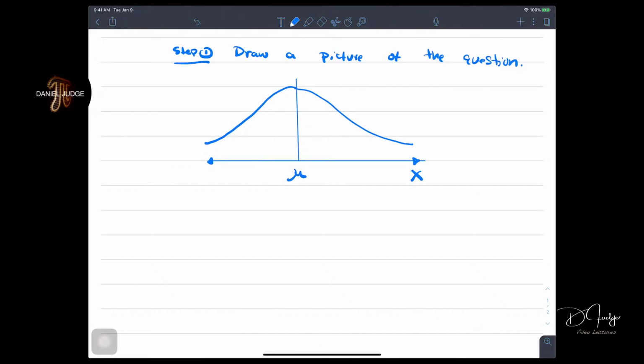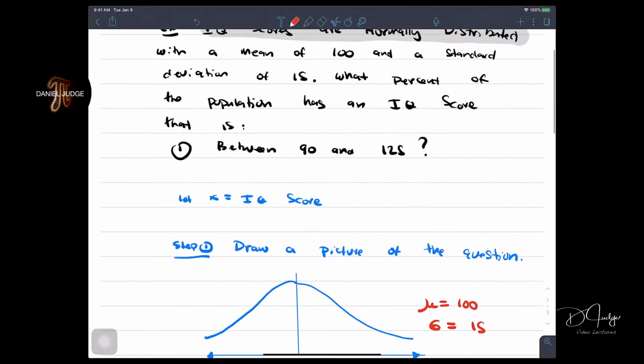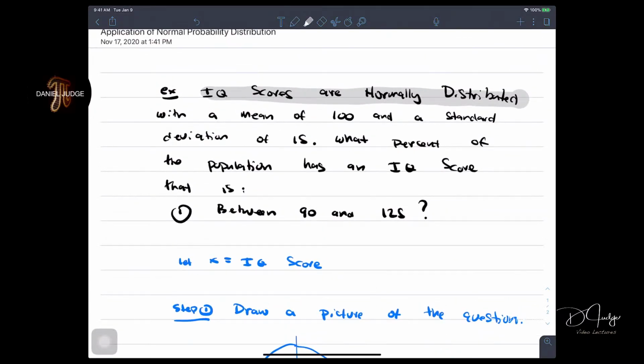In this case, they said the mean is 100 and the standard deviation is 15. So they gave us this information.